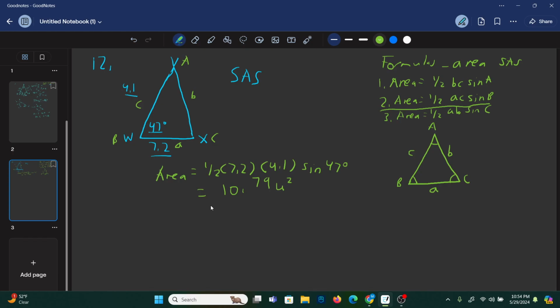In the answer key it says 10.8 units squared, which is the same thing.